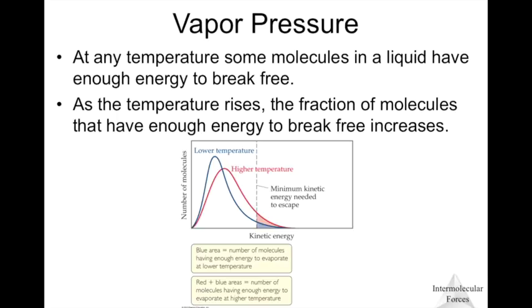And then vapor pressure, something we talked about in class a little bit, but this is basically saying this. Like we talked about with the gases, molecules in liquid do sometimes have enough energy to break free and become a gas at any given time or any given temperature. But obviously, as you increase the temperature, more of these molecules have enough energy to break free, which makes sense, right? This is kinetic molecular theory.